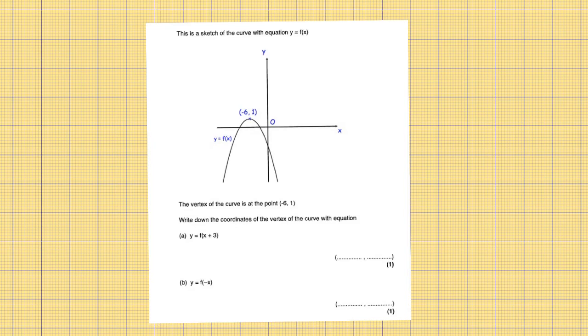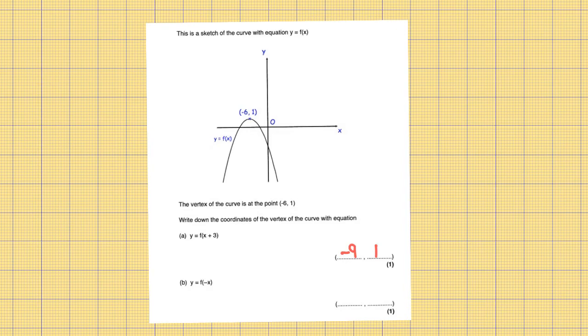The plus 3 moves the graph 3 spaces to the left. So the x coordinate will now be minus 9. The y coordinate will remain exactly the same, so it will be 1.